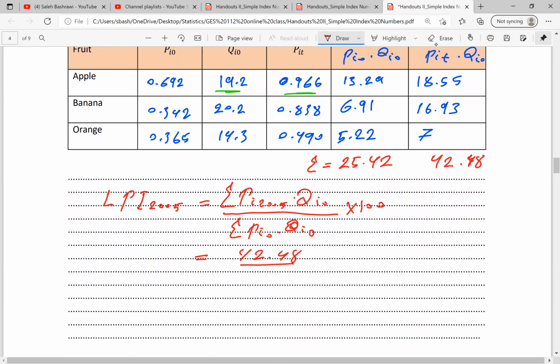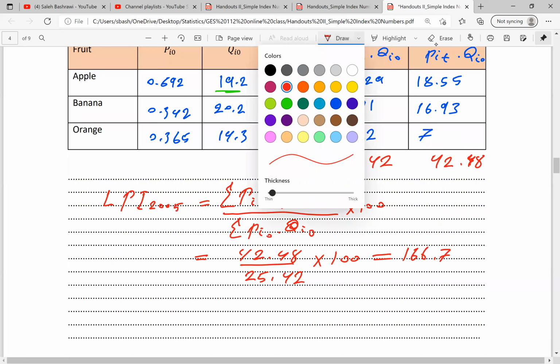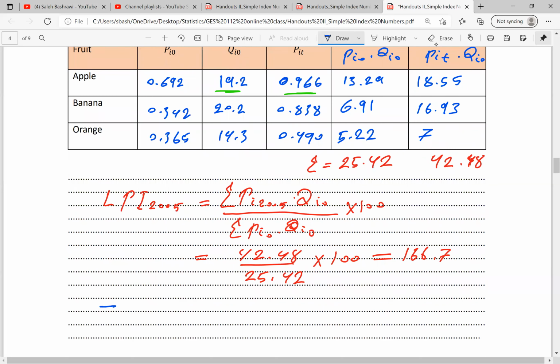0.48 divided by 25.42. This will give me 25.48 equal to 166.7, which indicates that the price was increased by 66.7%.